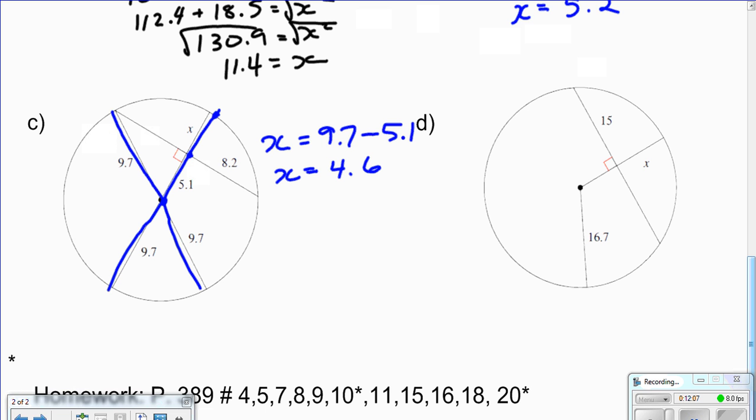Okay, last example. This one is a tricky one again. And so we told you that the radius is 16.7. So that's that length, and that's that length, and that's any other radius lengths on the circle.